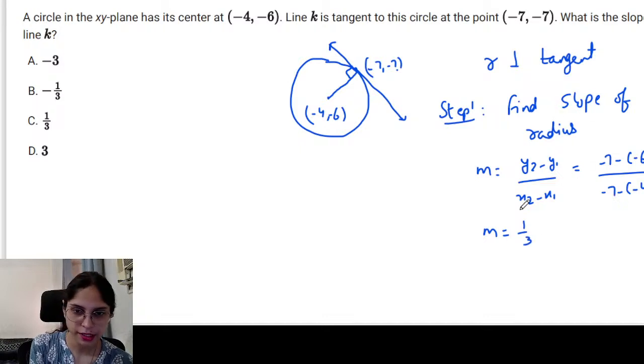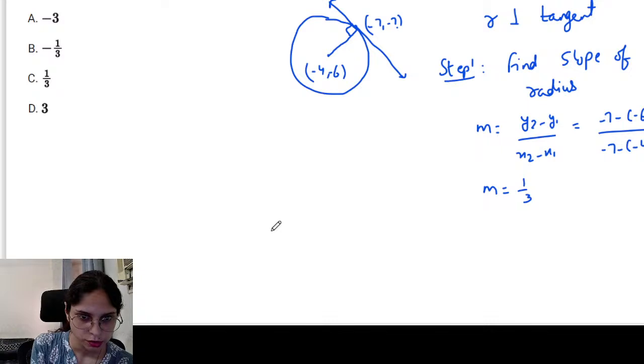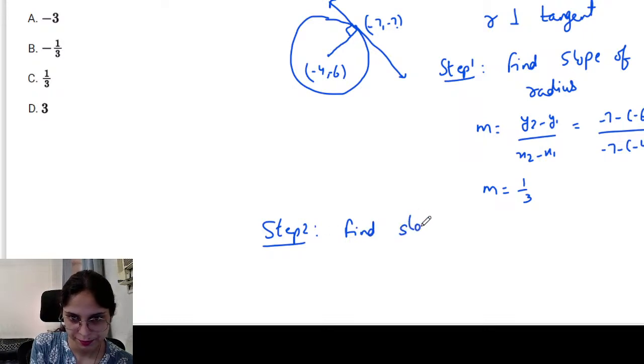But that's for the radius. So what is step 2? Find the slope of the tangent.